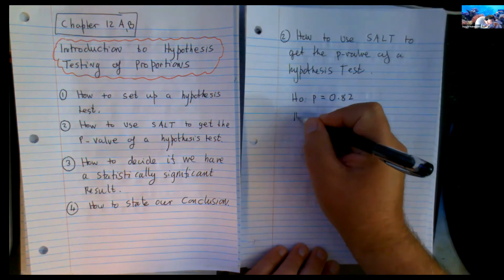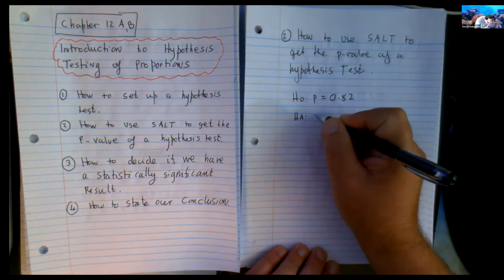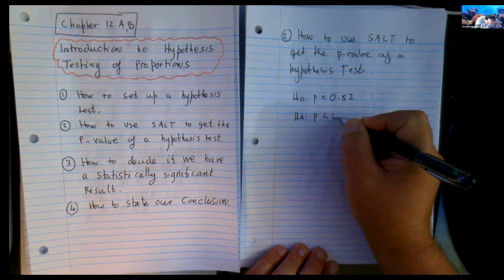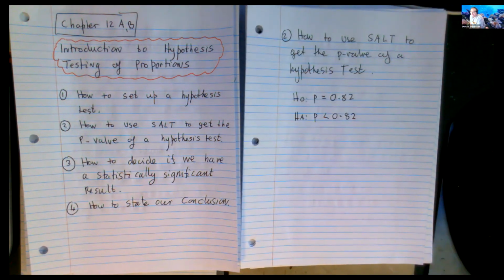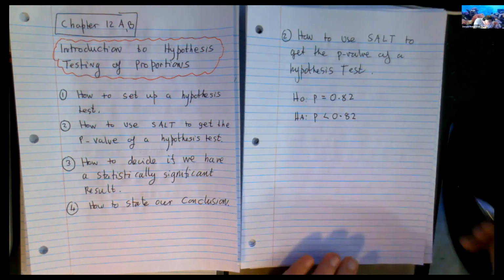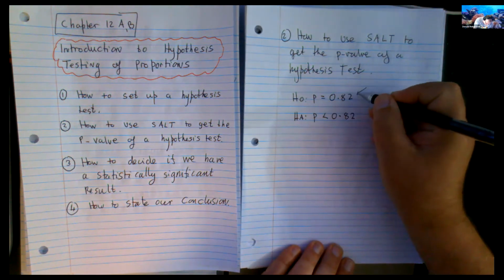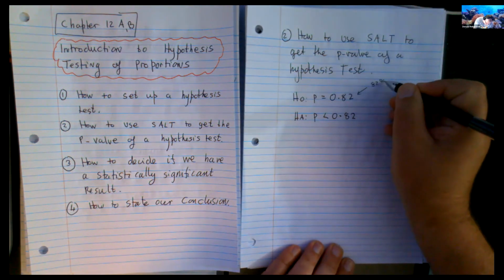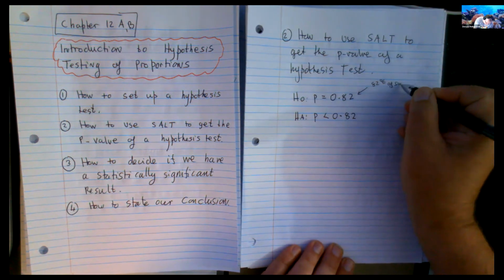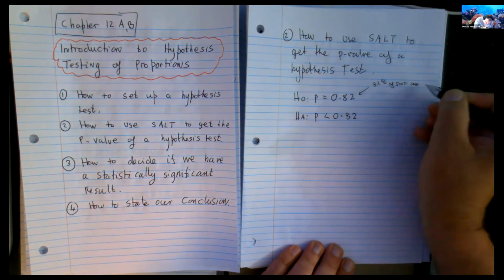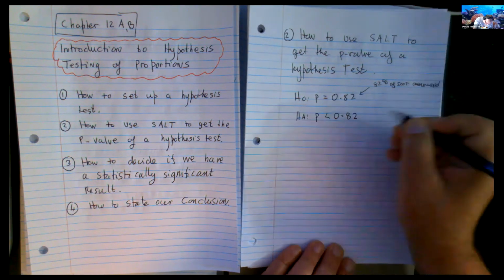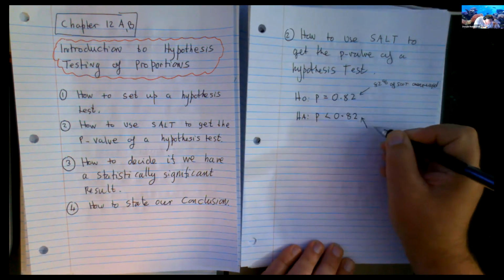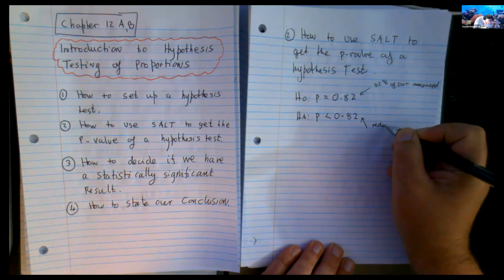And the alternate is that we think that it's been reduced. So the status quo, 82% Scots adults overweight. And the alternate is that it's reduced. It's gone down.